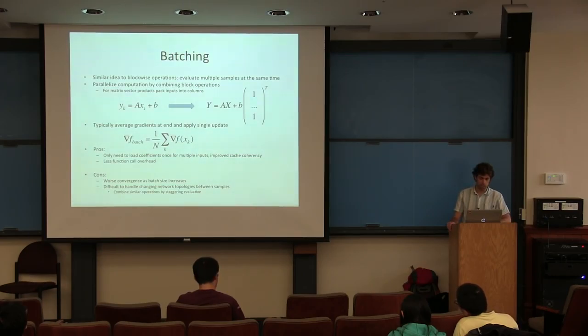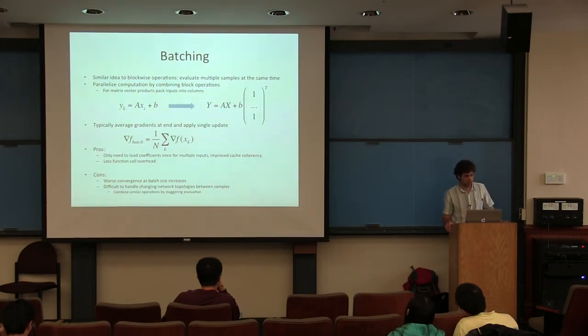Unfortunately, on a lot of architectures, the cost of calling various operations is quite high, and you typically lose a lot of performance just in the overhead between calling more dense operations, such as your matrix multiplies. So what people tend to do is use batching.